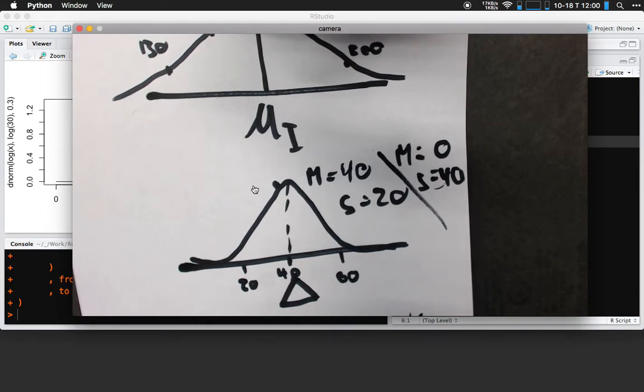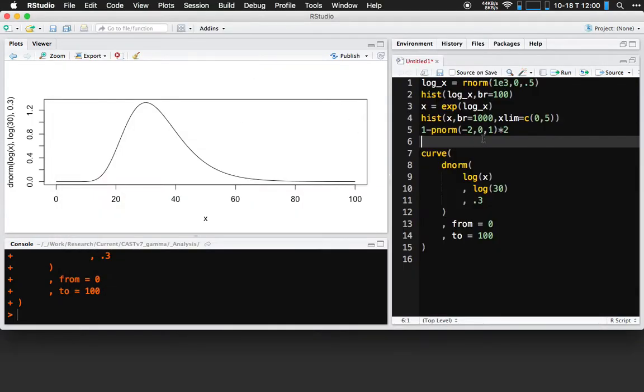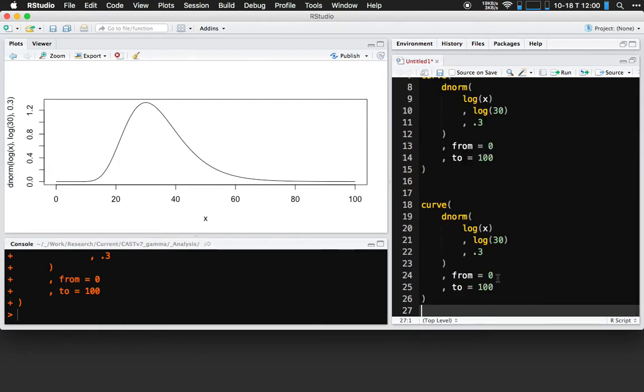Let me just plot that. So I'm going to grab this, and I'll say from negative 100 to 100. This is not using a log normal, so we don't need to do logs, just x. Our original one was 40, and what did I have? 20.